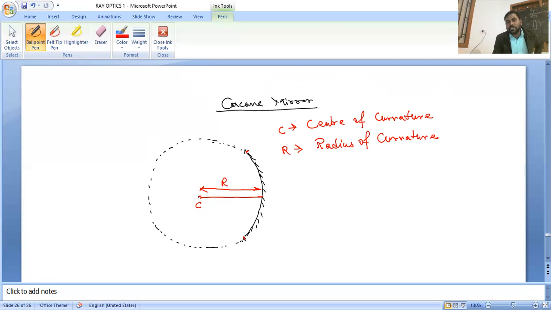And if we join this line from the center, this is an axis on which the center lies and the sphere is settled.